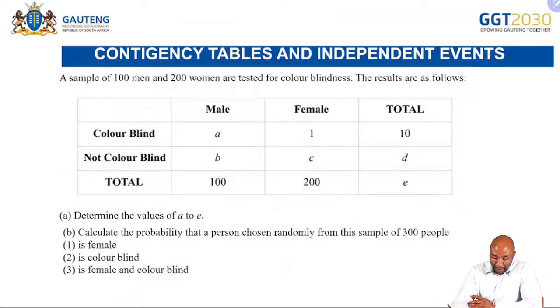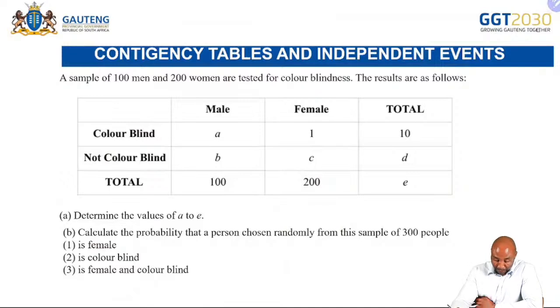Now, there is also our contingency tables for our events. I know you have done this before. I want us to quickly determine the values of A up to E, and we should also calculate the probability that a person chosen at random from this sample of 300 people is female, is colorblind, or is female and colorblind.